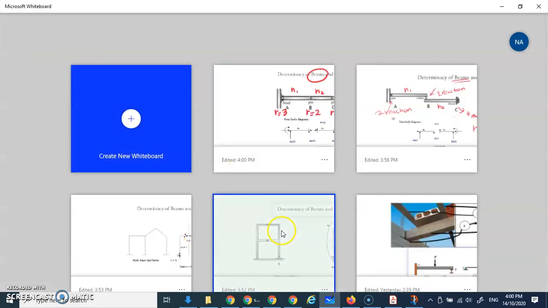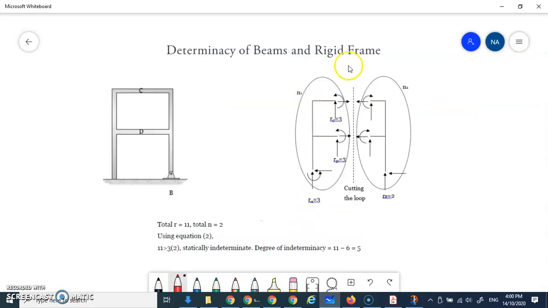Okay, for a rigid frame, okay, this is a rigid frame. Okay, so now we are focusing on the rigid frame. So now we are focusing on the rigid frame.